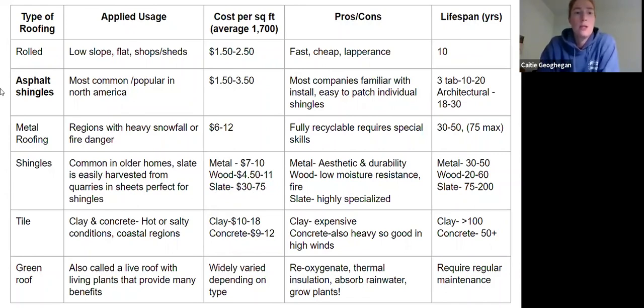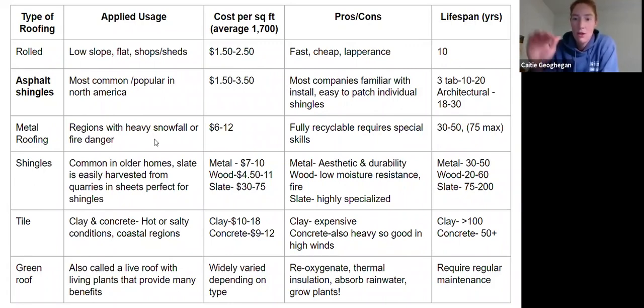But I think between asphalt and metal, roofing is also pretty common and fairly cost effective. As you can see over here, the metal roofing has a really long life expectancy. So if you want to make an investment and not worry about your roof for the rest of your life, you could do a metal roof, especially if you're somewhere that has heavy snowfall.